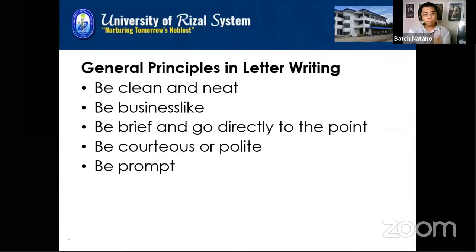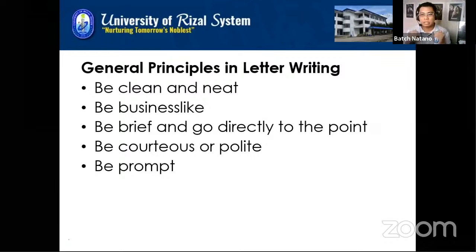So be prompt, meaning the moment that you receive the letter, you have to give a response to it. Let's say, for example, you receive a letter of complaint, or an order letter, or it could be a request letter or a letter of inquiry today. And since it's your job to give a response right away to the concerns of your customers, then you have to be prompt.